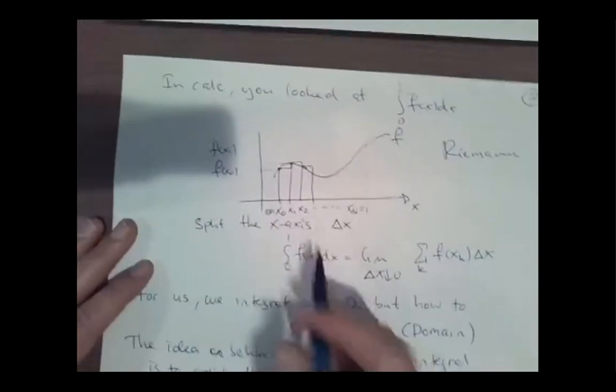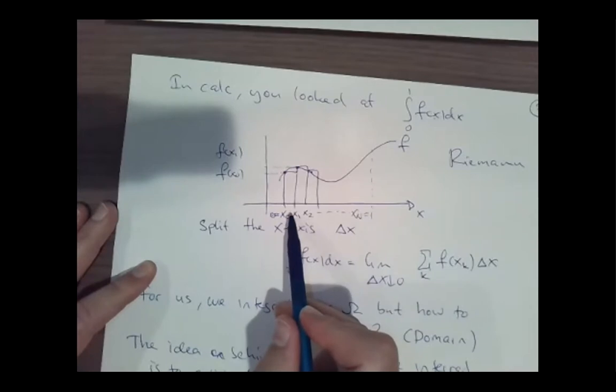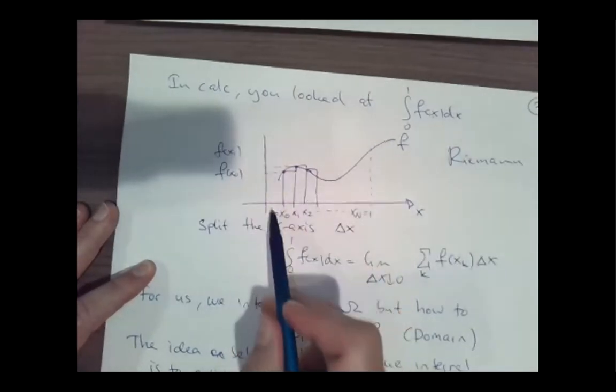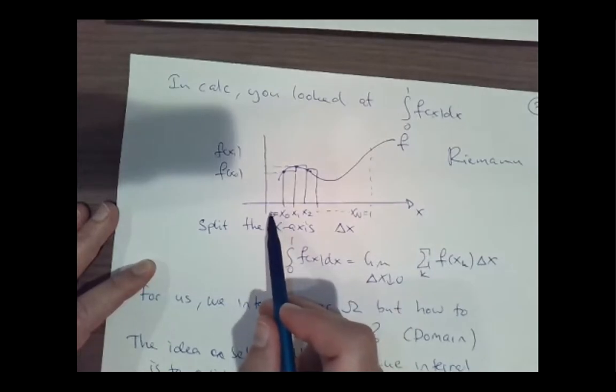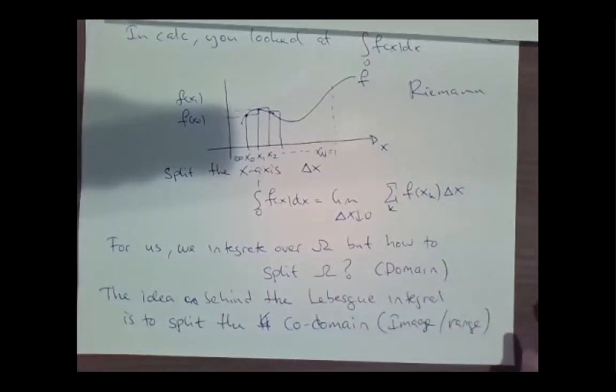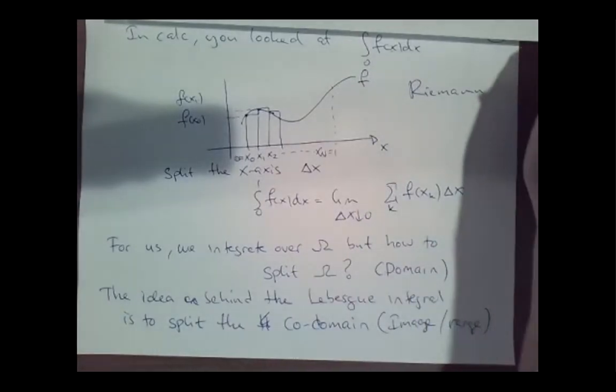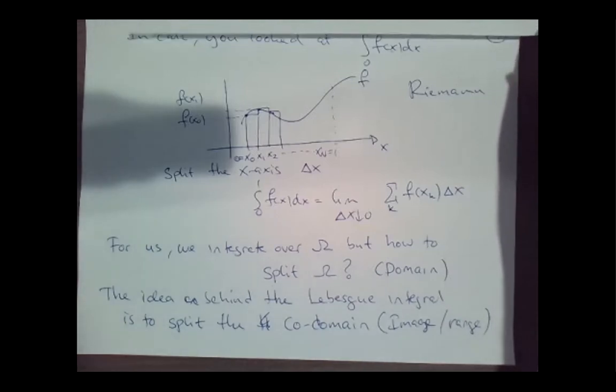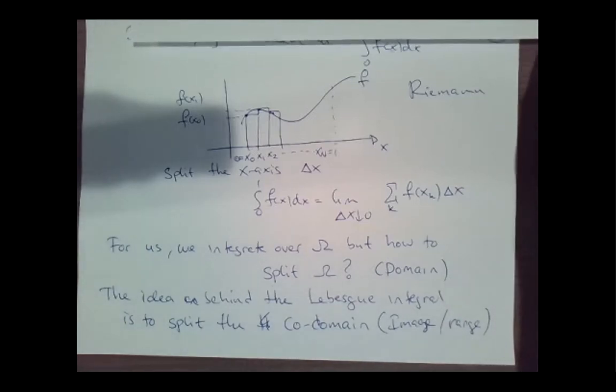So instead of splitting here on the x-axis, we split up on the y-axis. Okay, so that's the idea. Now, how do we do that? This is going to take us a little while to do, but we should be able to do that tonight.